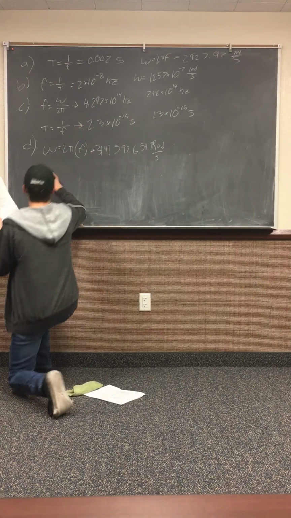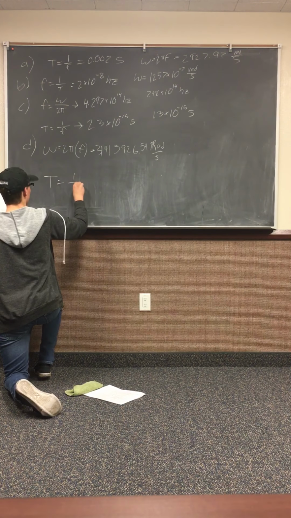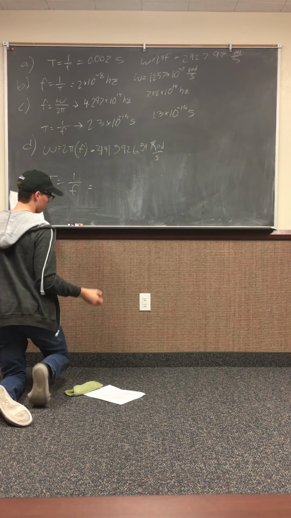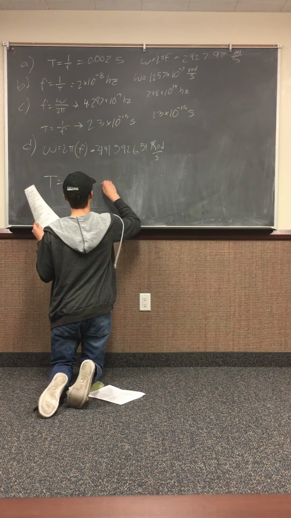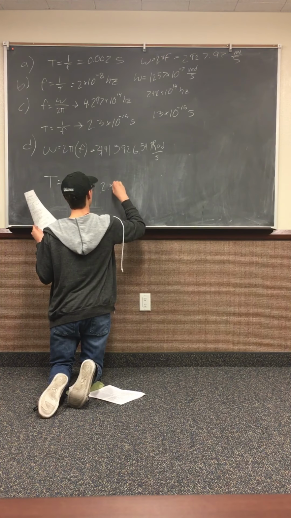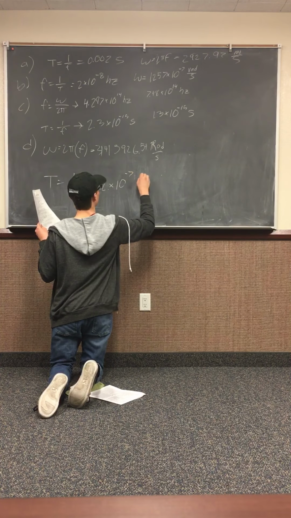And then our period equals 1 over the frequency. So 1 over 5 times 10 to the 6, 2.2 times 10 to the negative 7 seconds.